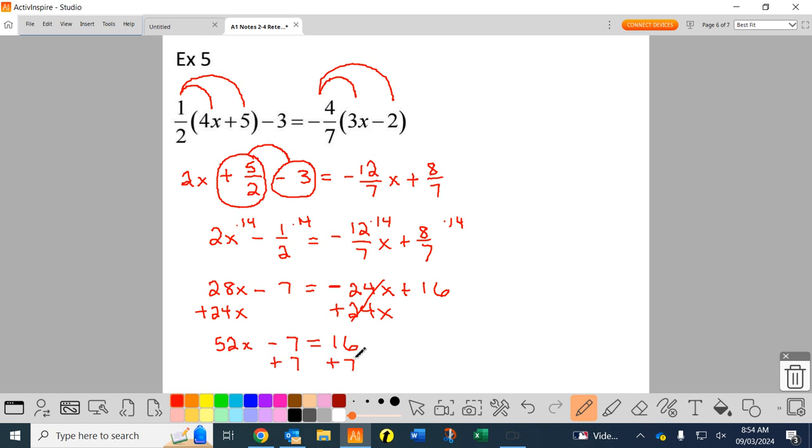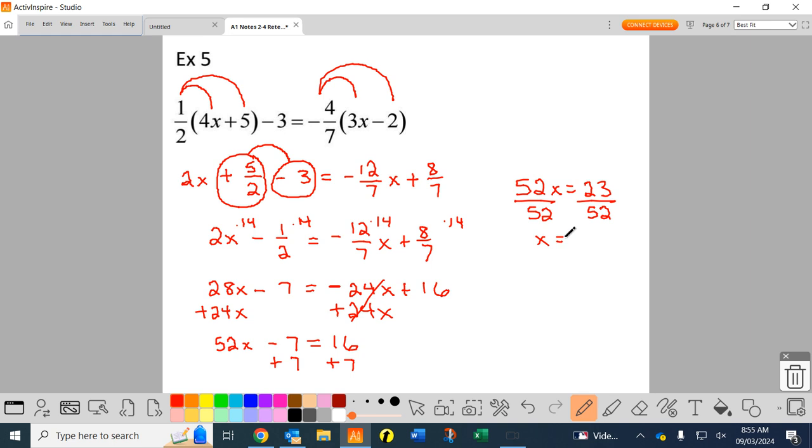That's going to make it 52x equals 23. We're going to divide both sides by 52. Now grab your calculators. Type 23 fraction button 52 equals. I don't think it reduces. Yeah, it doesn't.